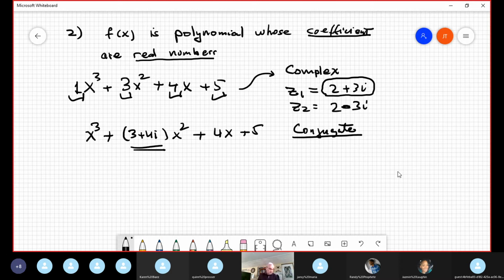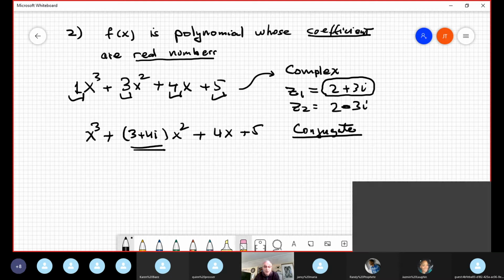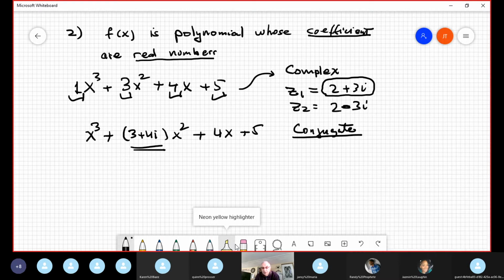This is the glue. Okay. Another confusing? No, why? You need to understand. Suppose 2 plus 3i is a zero. When you put together the original and its conjugate, the effect of both cancels out and gives me real coefficients.